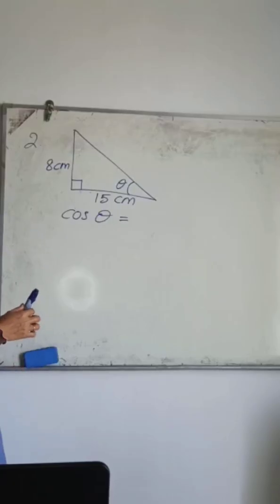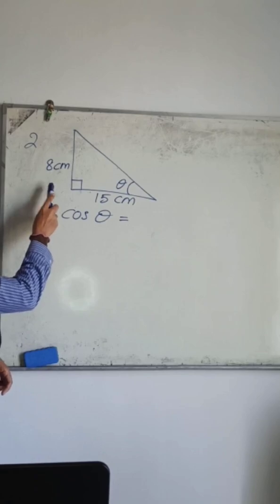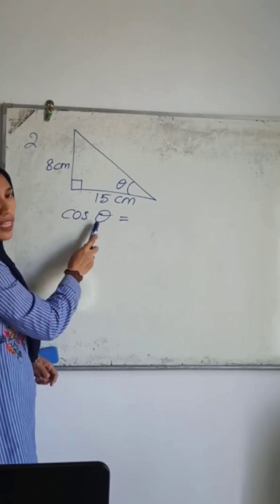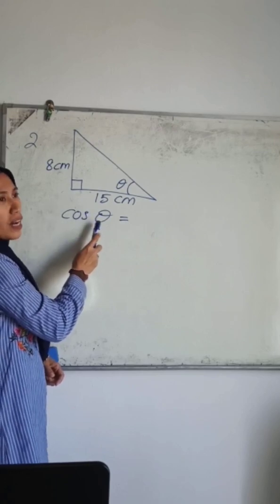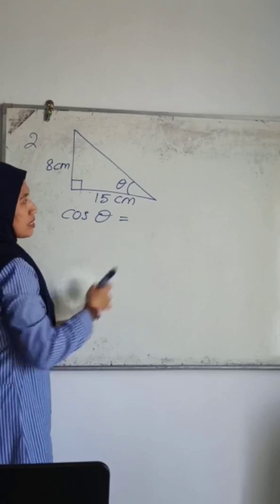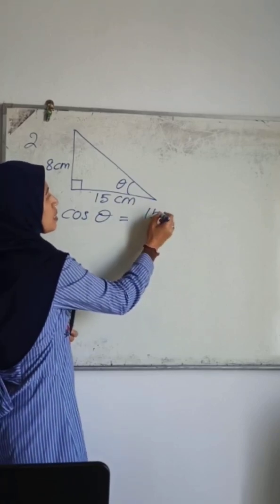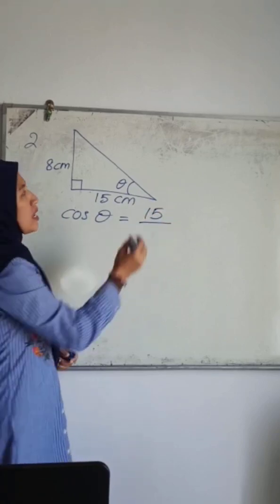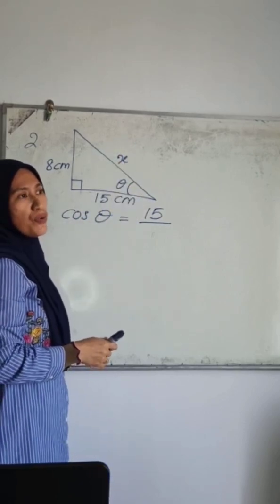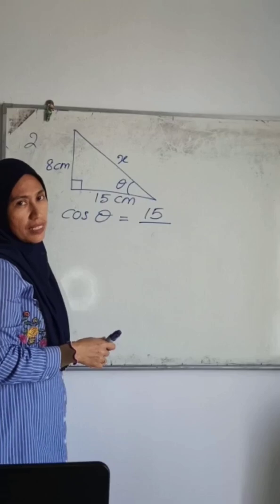Number 2. Given this diagram, the question asks to find cos theta. Cosine is adjacent per hypotenuse. So adjacent is 15, and the hypotenuse, let's say x. To find x, we can use Pythagoras theorem.